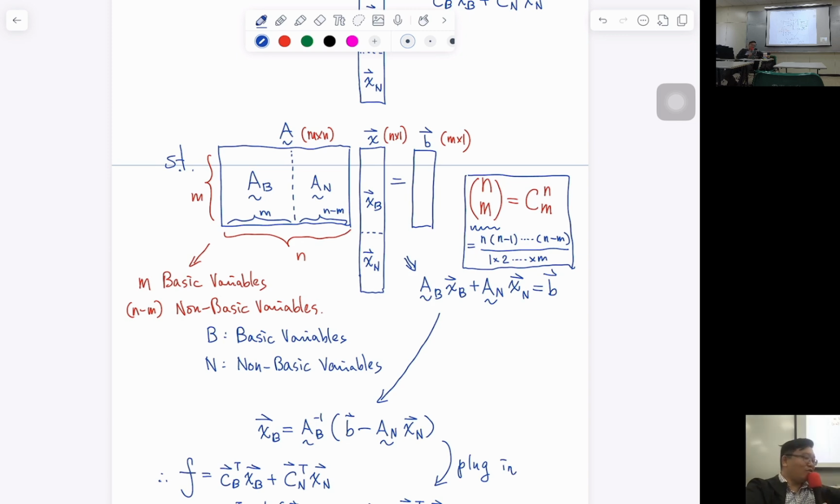If you can try all of these by computer, you can solve it. By computer, there are m selections out of n. Just ask the computer to solve everything, and then there will be one which is the best. You can do that, but it's not smart enough, and it's not efficient.